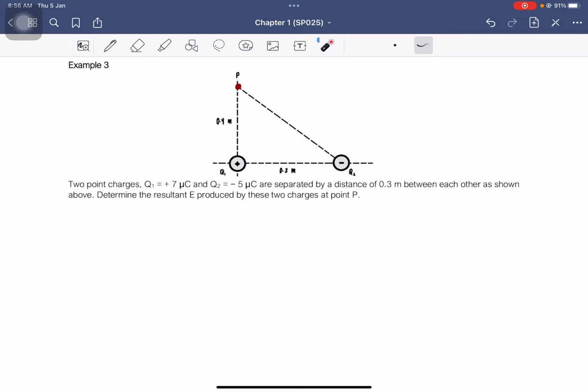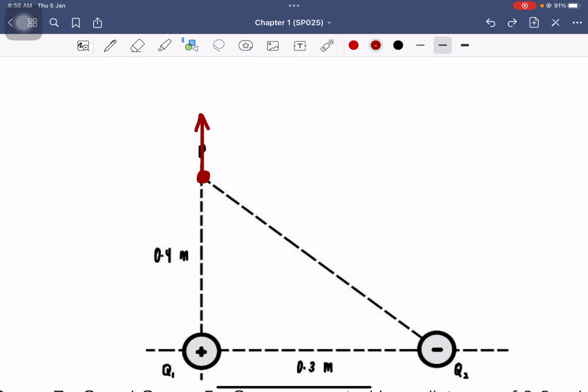Okay, so remember, for a positive charge, the field will be pointing outwards. For a negative charge, it will be pointing inwards. So our diagram will be, this one is pointing here, and then we have this one pointing there.